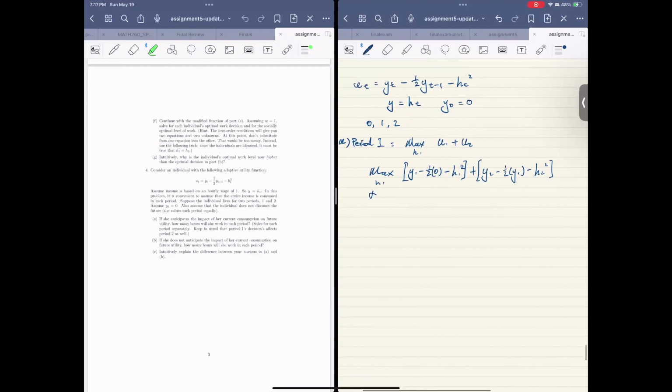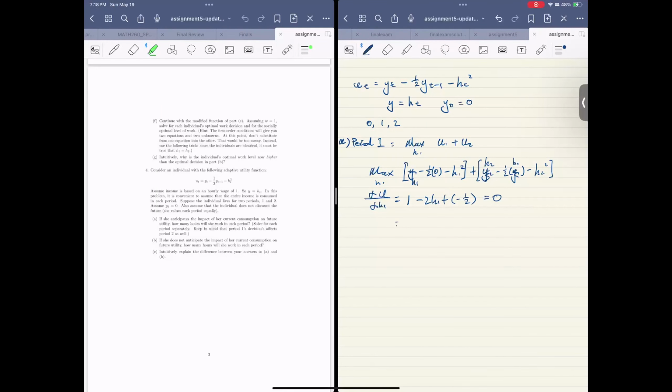So you have dU/dH1. You'll get 1 minus 2H1 plus H1 plus negative 1/2 equals 0.